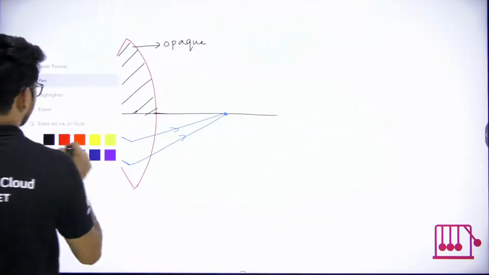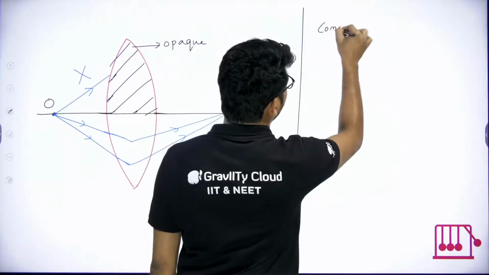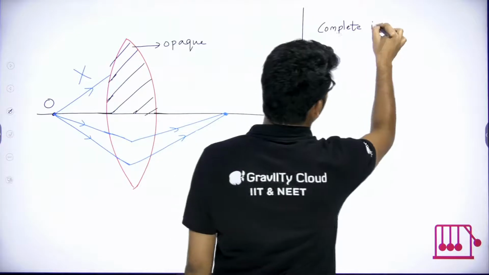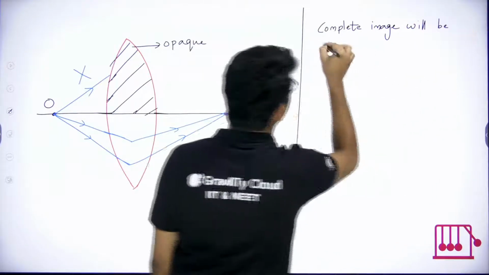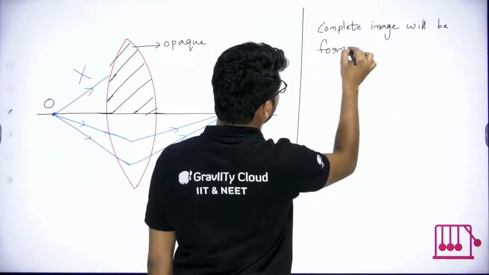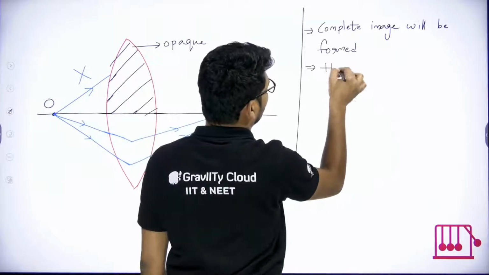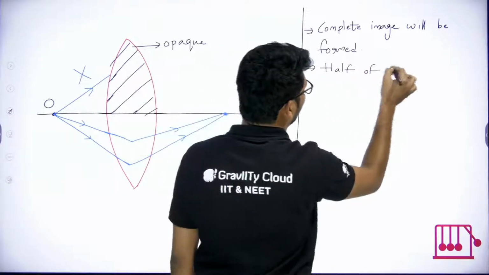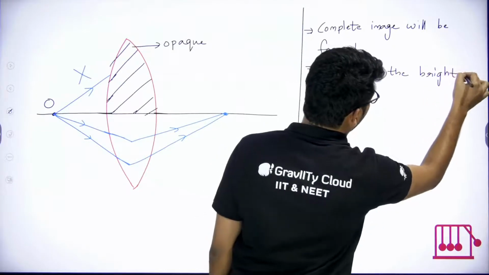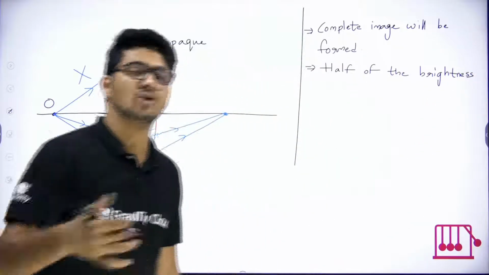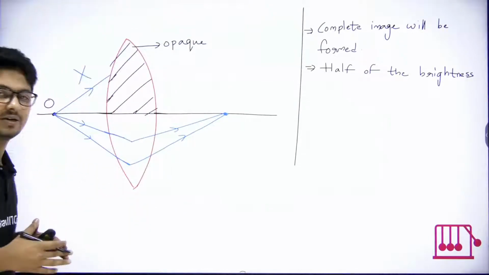You can say, in this particular case, the complete image will be formed, but it will have half of the brightness of the image when the lens is not covered.